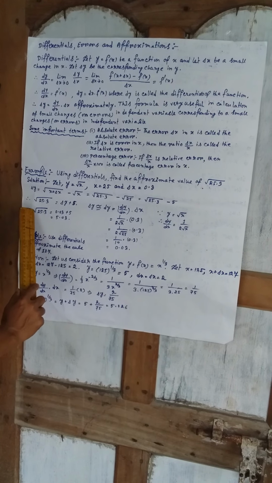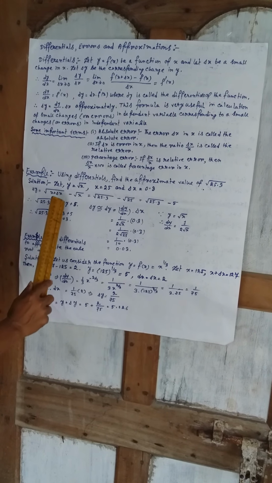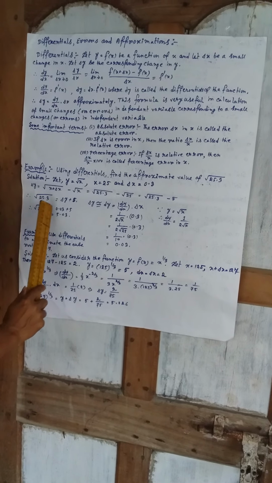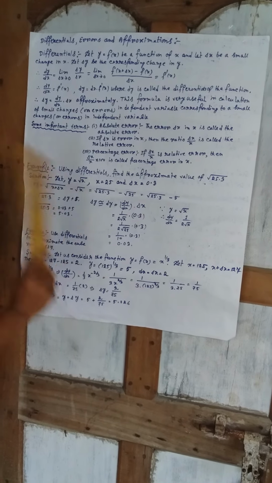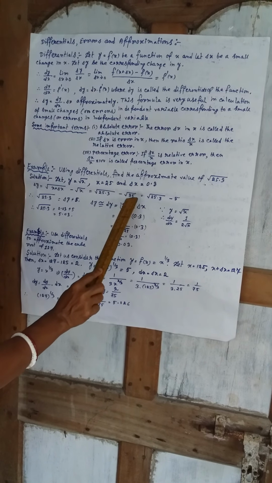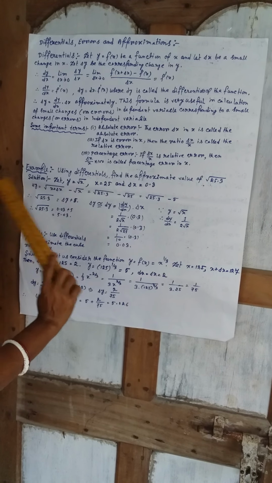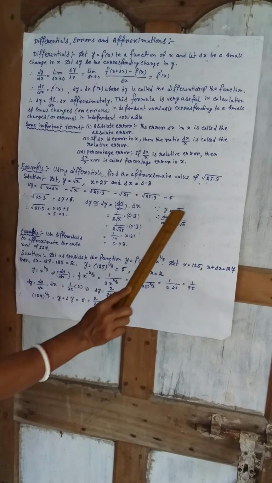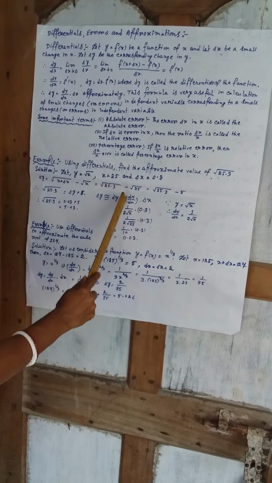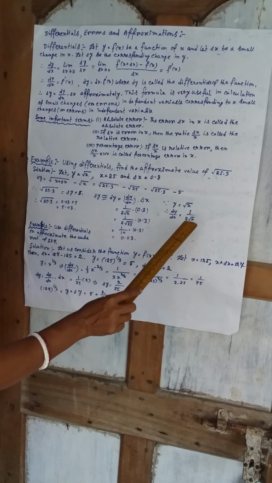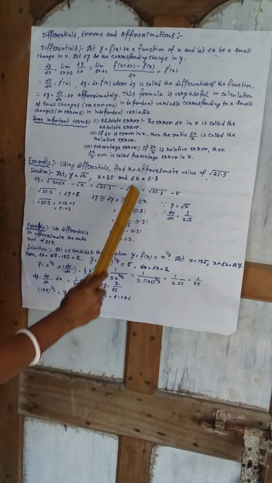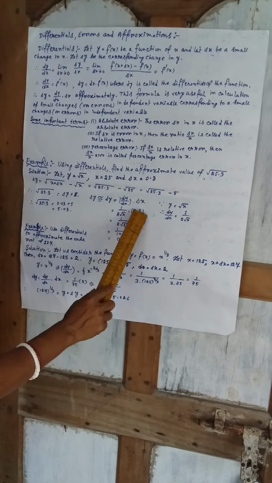Now root of 25.3 equal to, in place of del y, what? Del y equal to 0.03. Now I am explaining del y. Del y is approximately dy, that is equal to dy/dx into del x. Now y equal to root x, therefore dy/dx equal to 1 by 2 root x. Then in place of dy/dx we put 1 by 2 root x. Then del x equal to 0.3.